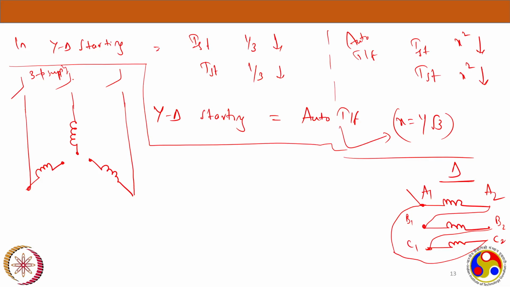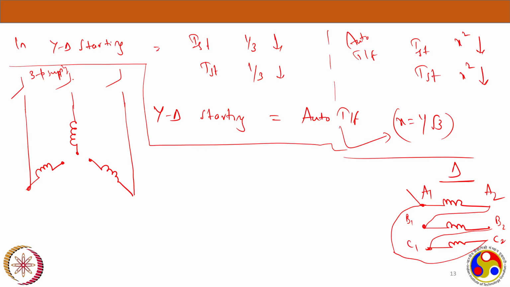You see, this is delta: A2 is connected to B1, B2 is connected to C1, C2 is connected to A1. If you turn your switch to the right side, it will be delta connected.